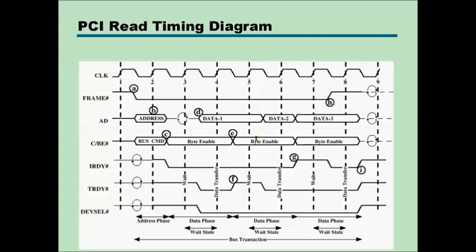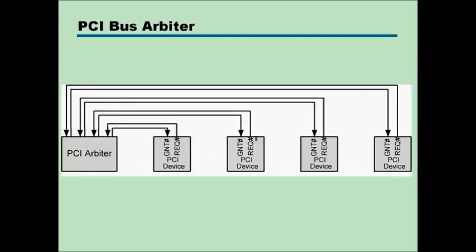This is an example of the PCI read timing diagram, as shown on the screen. We have the clock, the address, the data, and the bus byte enables. We have the data transfer here, showing whether it will wait or transfer data, or the phase of the transfer.